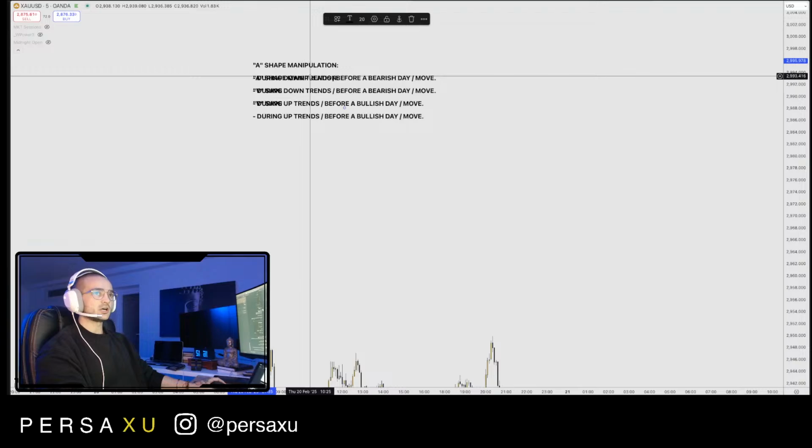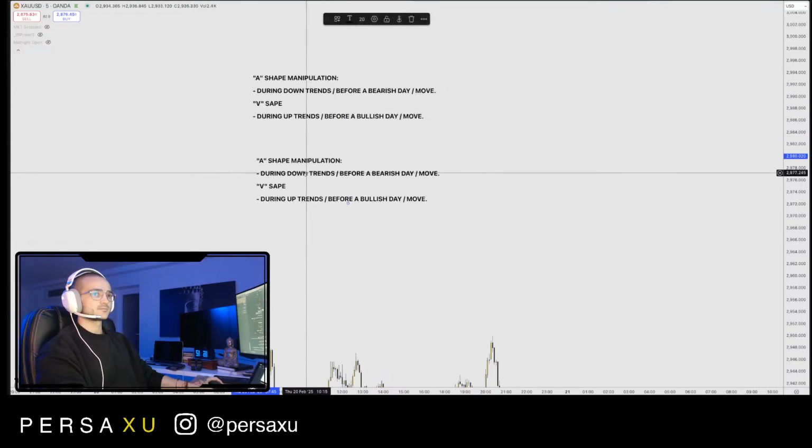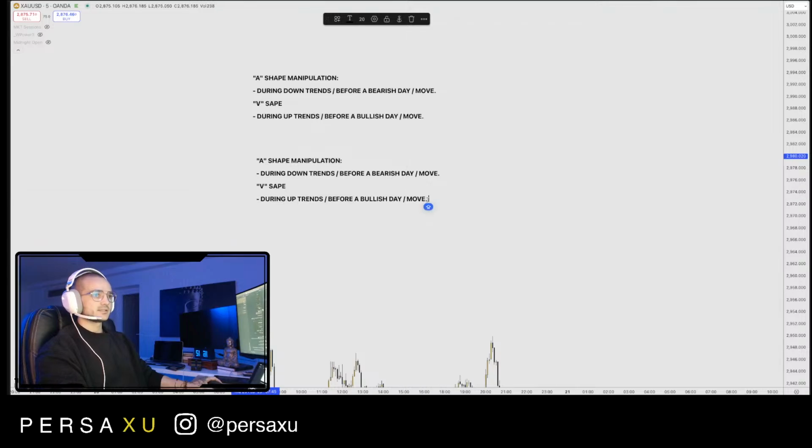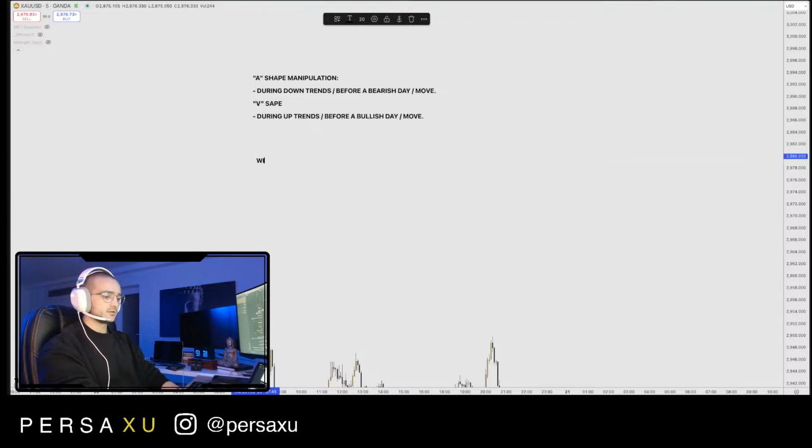What we have in common between them, okay, something in common between them, is that they will be spotted within higher time frame areas of interest.